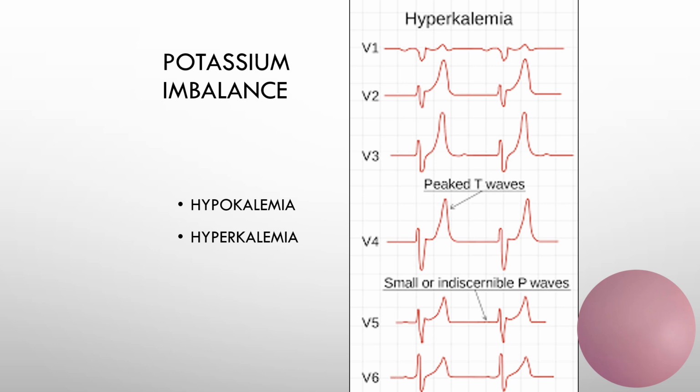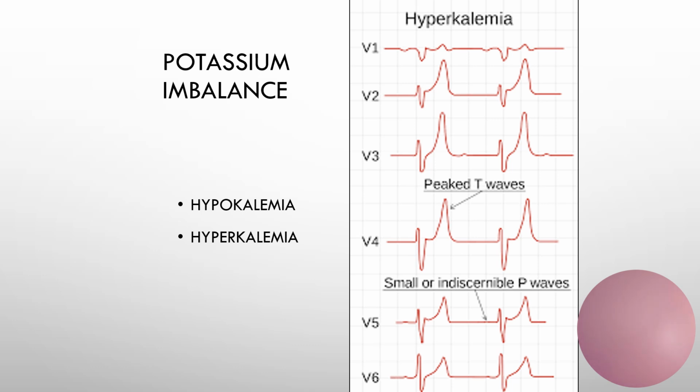What is going to be most important for you to remember about potassium, it's not the only thing, but most important thing, is if it is too high or too low, we could actually have potentially lethal cardiac arrhythmias. In other words, it can kill you.